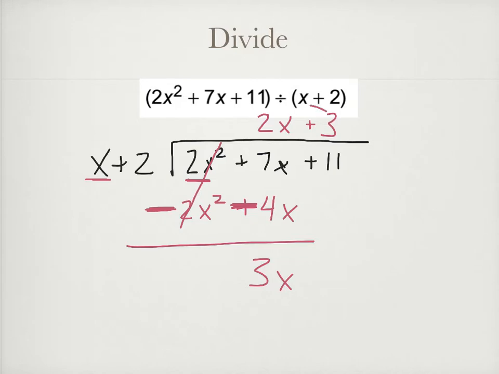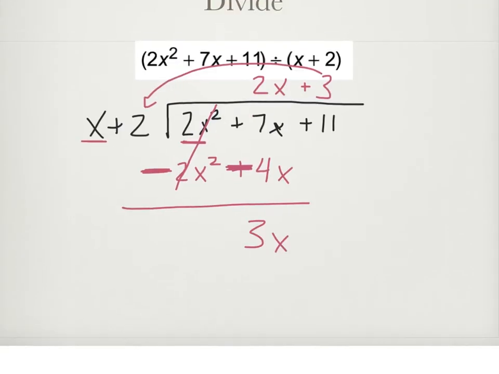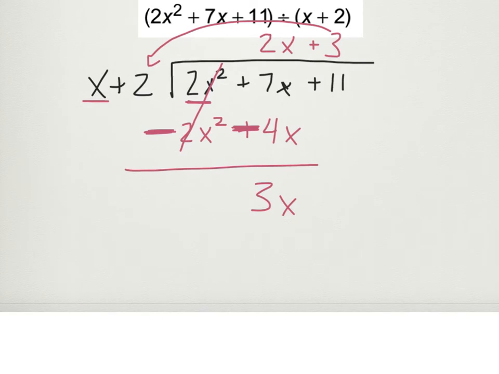Now we take this 3 and multiply it by x plus 2. And what do we get when we multiply it? 3x plus 6. We need to change the signs here so the 3x's will cancel out.